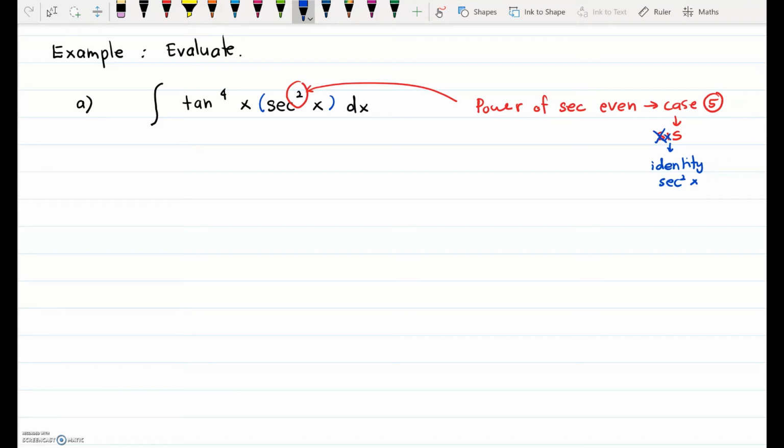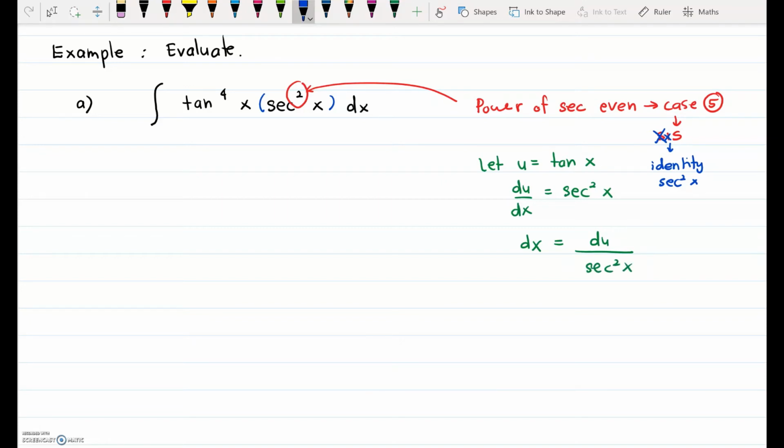Next is the third step, substitution. We let u equal tangent x and du dx equals secant square x, so dx is du divided by secant square x.